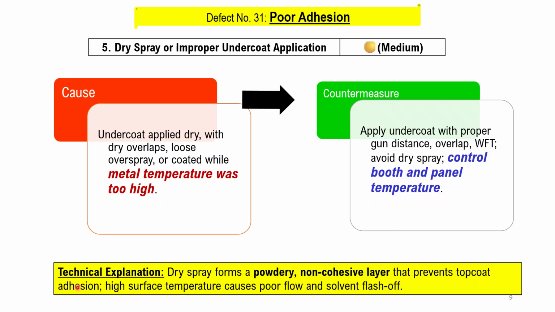High surface temperature causes poor flow and solvent flash-off. The recommendation is to apply undercoat with proper gun distance, overlap one wet film thickness, avoid dry spray, and control booth and panel temperature. That is most important.